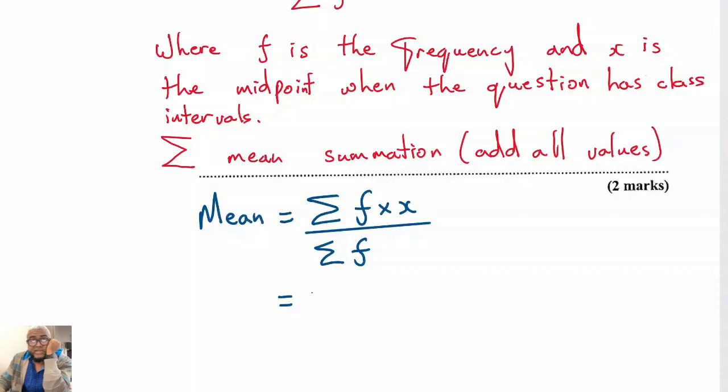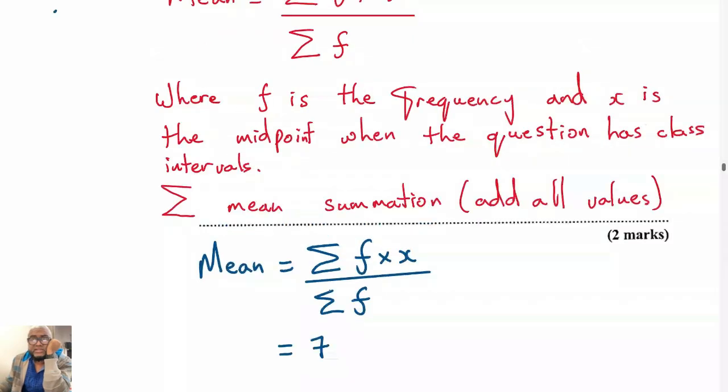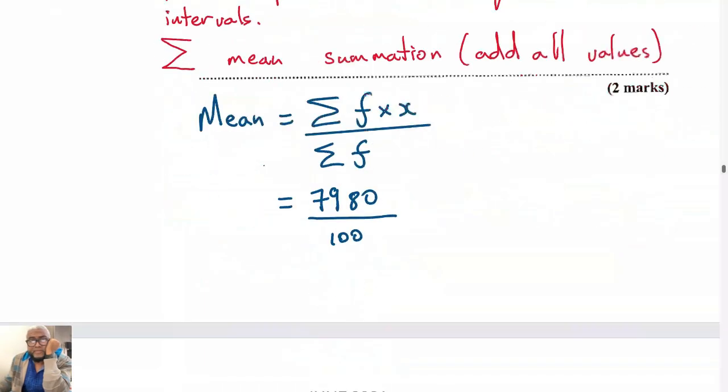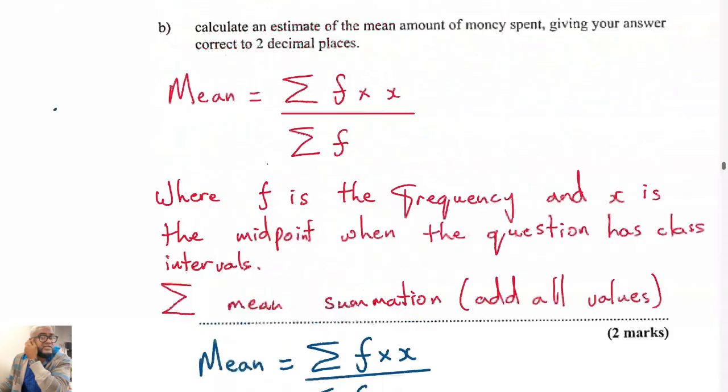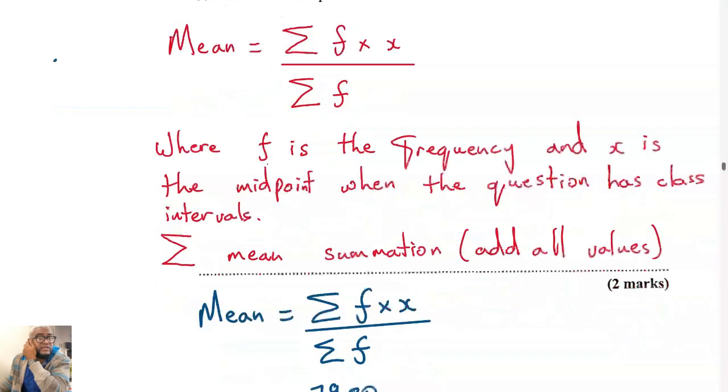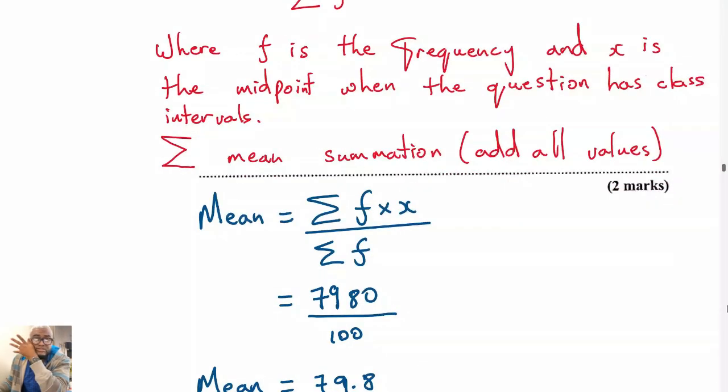So this will be 7980 divided by 100, which will give me 79.8. You can put 79.80 if you want, it will mean the same thing. So this will be the mean. They set it to 2 decimal places, but it's already to 2 decimal places.